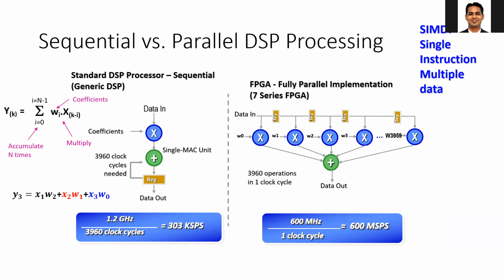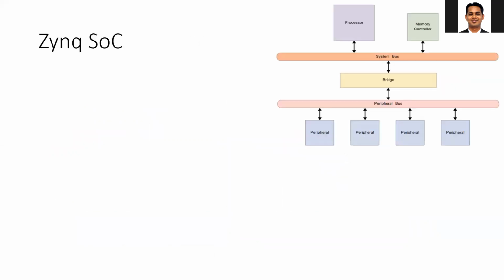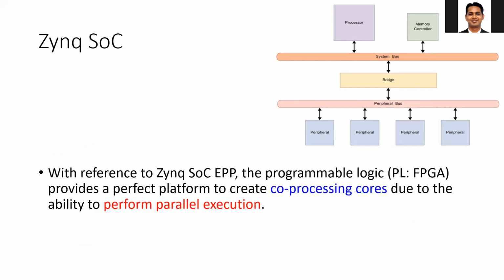FPGA is one of the options. You may have other coprocessors like the single instruction multiple data type Neon coprocessor inside the ARM processor, or you may have a GPU where you can accelerate the corresponding execution time. So in an embedded system, you have the processor, you have the memory, and more importantly, you have the peripherals which can act as a coprocessor and which will help the processor to execute a particular task more efficiently.